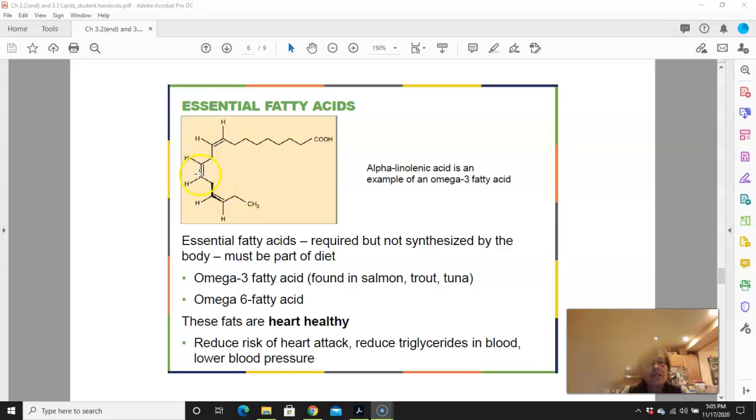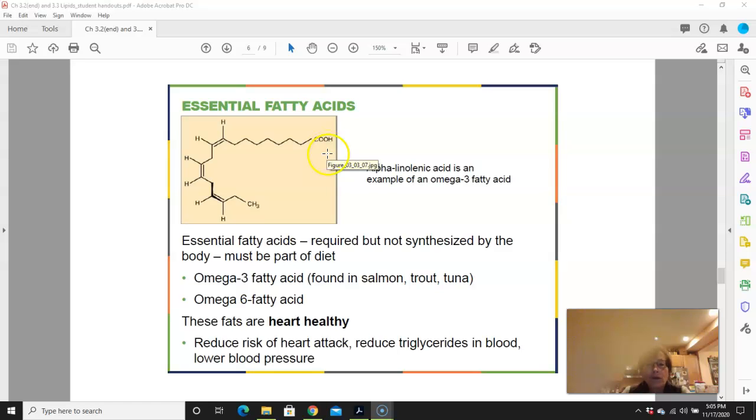But now you can see also that there are actually 3 double bonds here. The fact that there are these 3 double bonds is also why this molecule is bent as it is. And you can see that there are other things on here that are being left off. Here's our carboxyl group at the very end.